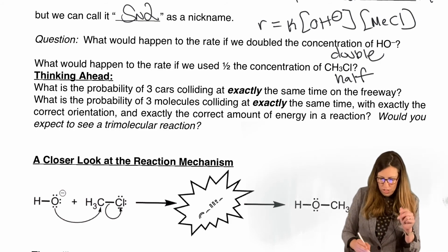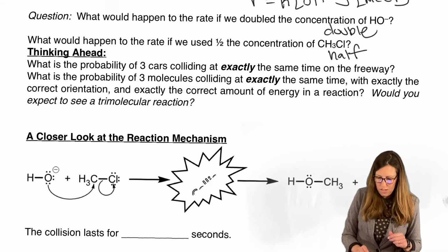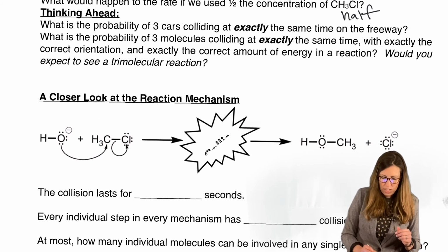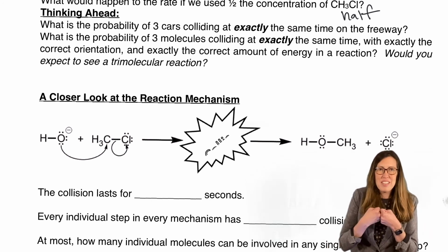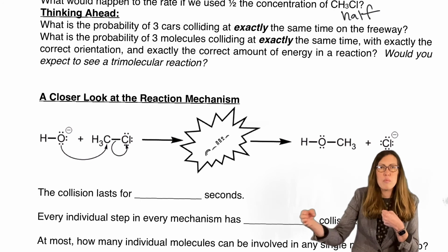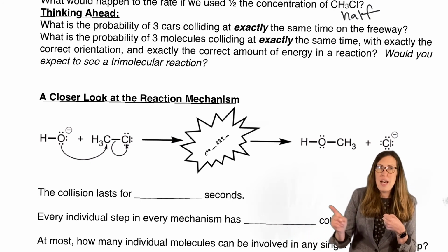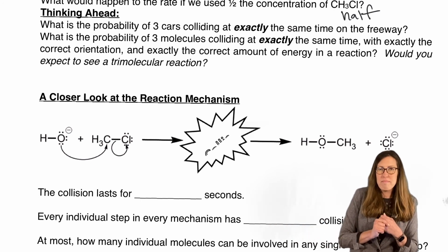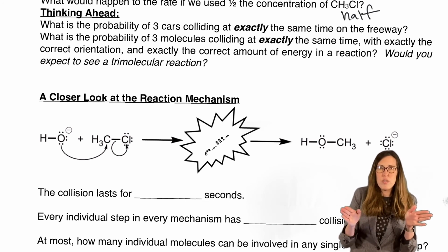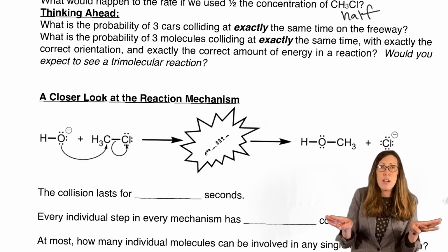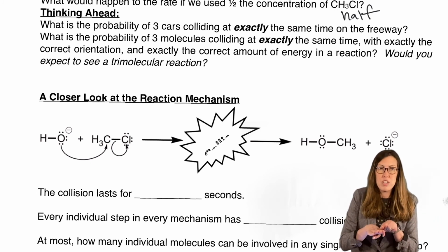Just to think about being out on the freeway, if there's an accident, two cars come together, sometimes there's a pileup, a multi-car pileup, right? But did that happen simultaneously? No. You either have a car that got hit, or two cars that were traveling the same trajectory at the same time and hit each other.